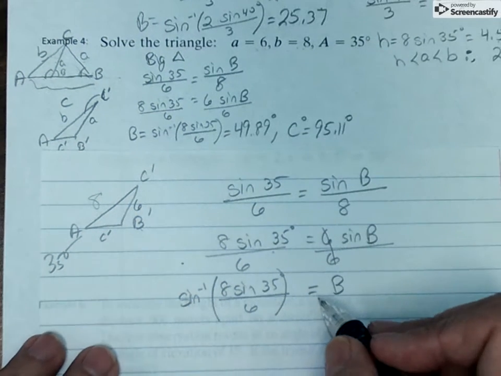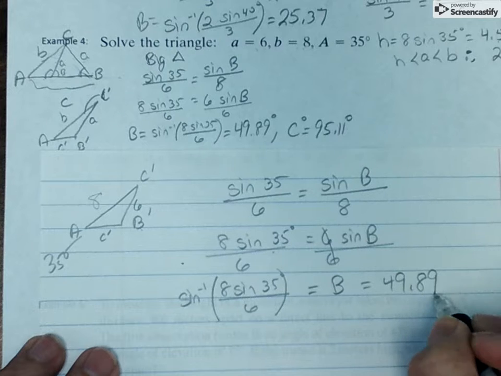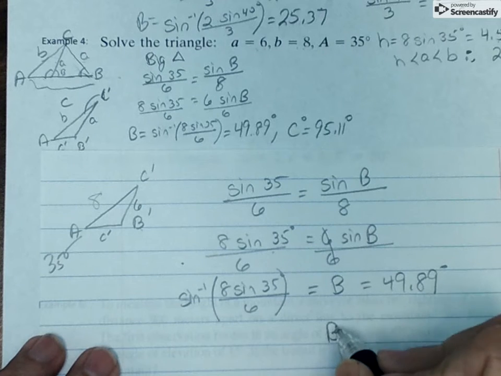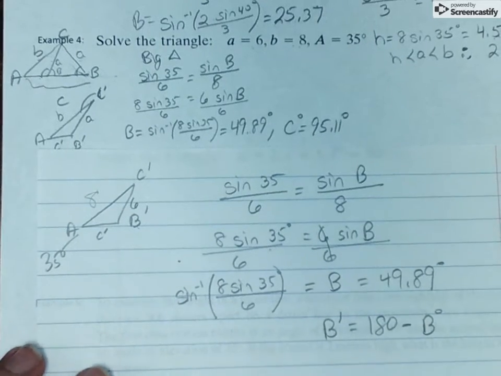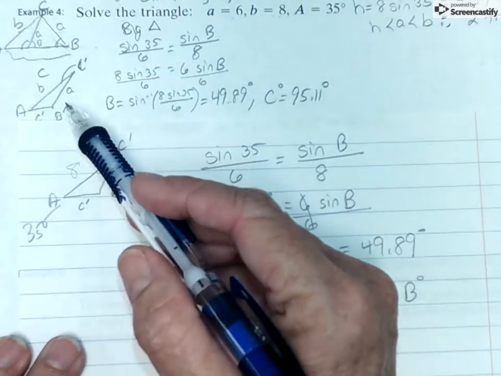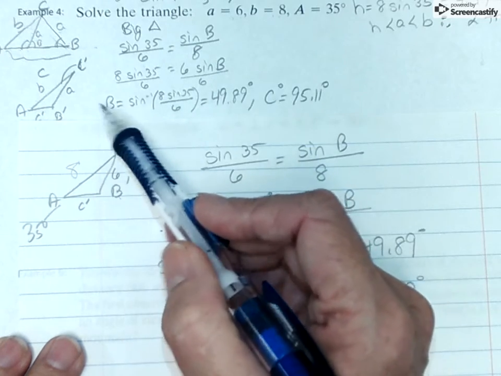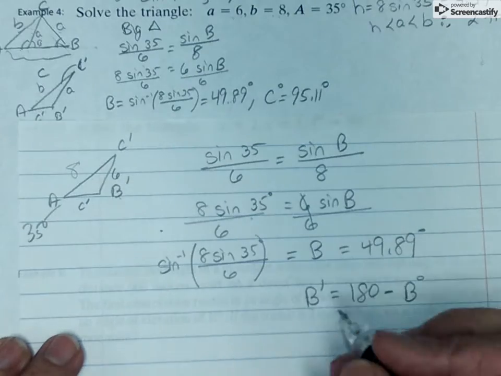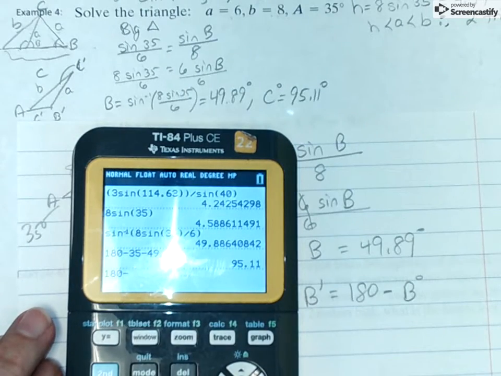So we calculated B, that equals 49.89 degrees. B prime is equal to 180 minus angle B. This is a little tricky. Remember, when you go to do the skinny triangle, you're going to take your angle measurement of B and subtract it from 180. So B prime is actually going to be 180 minus 49.89.